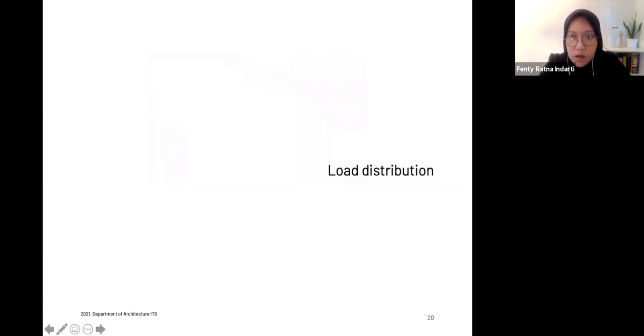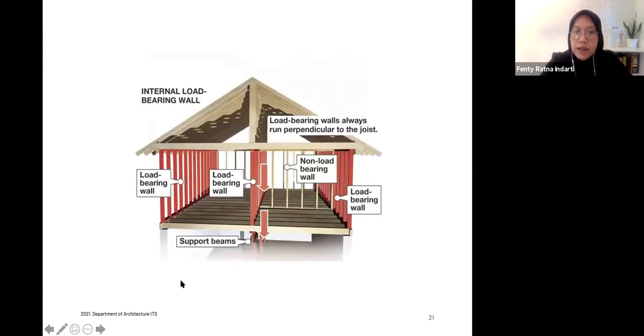Now we are moving on to the load distribution. Again, I previously mentioned that we are using the rigid frame, so the main load distribution is on the column and beam. But here I show you what is called the load bearing wall. It means the wall helps distribute load down to the substructure.